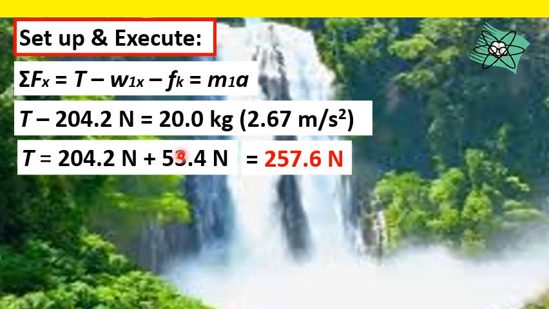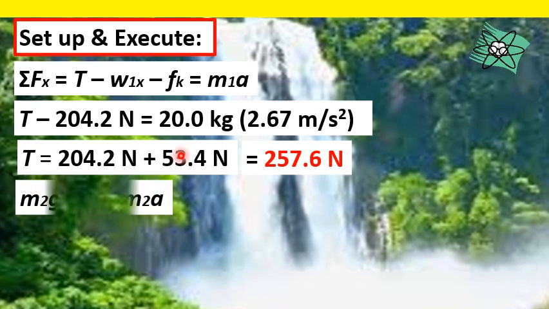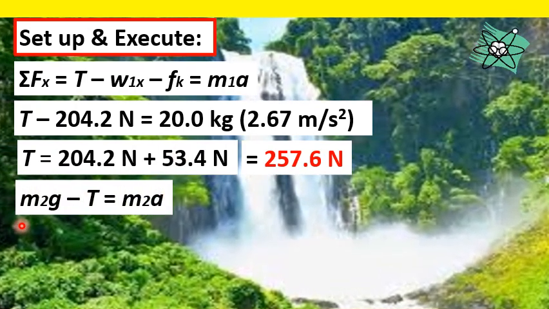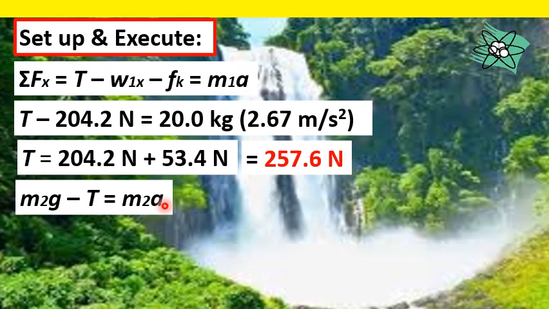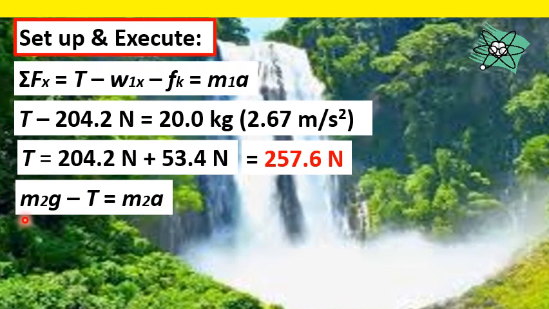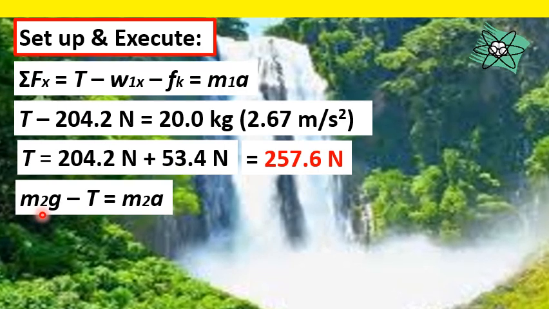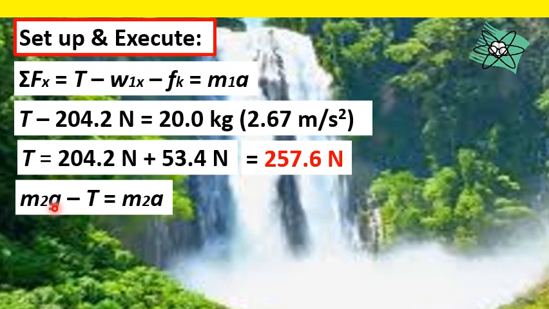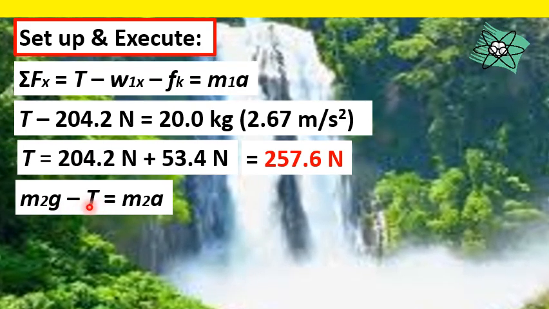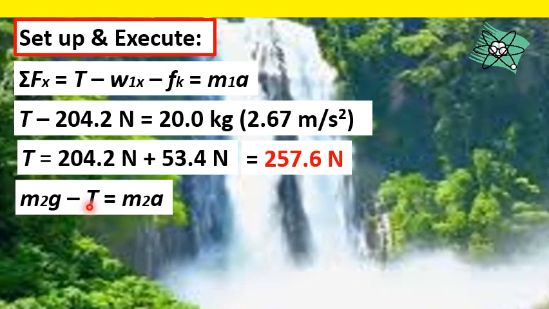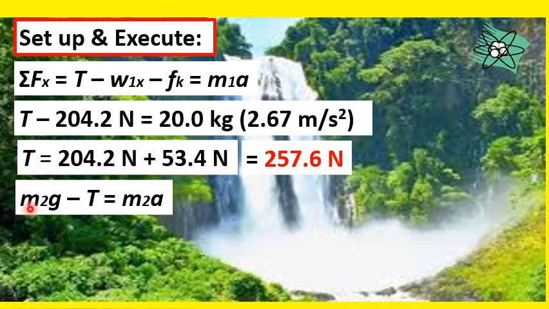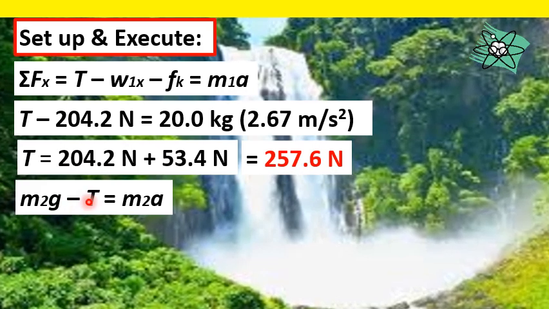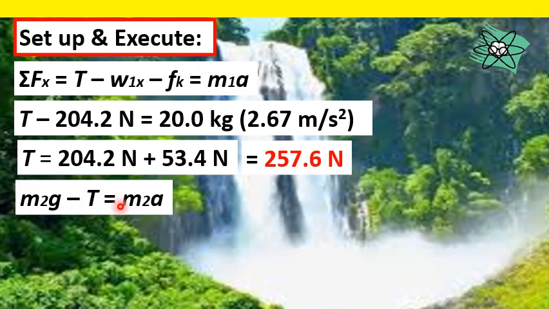Applying the same law, the law of acceleration, to the motion of the mass M2, where M2 times G is the weight of the hanging block minus the force of the rope, or the tension force, capital T. So M2G minus T is the net force acting on M2.